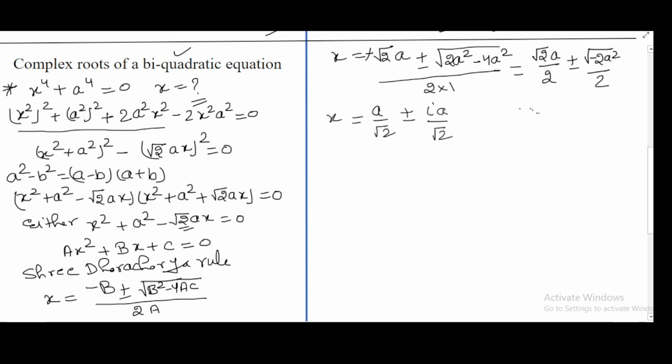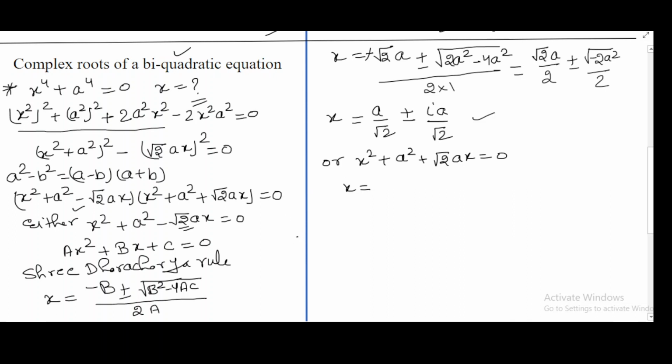These are the values of x using the first expression. Now using the second expression, x square plus a square plus root 2 ax equal to 0, I will write these values directly because you can find them using the same procedure.